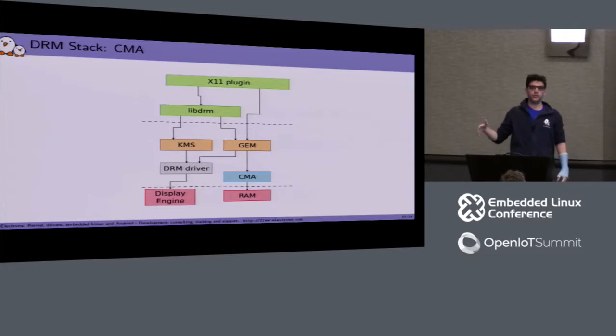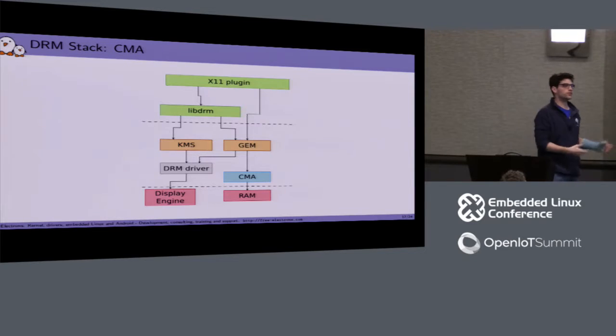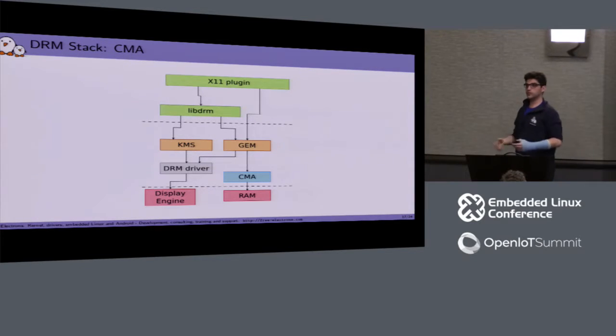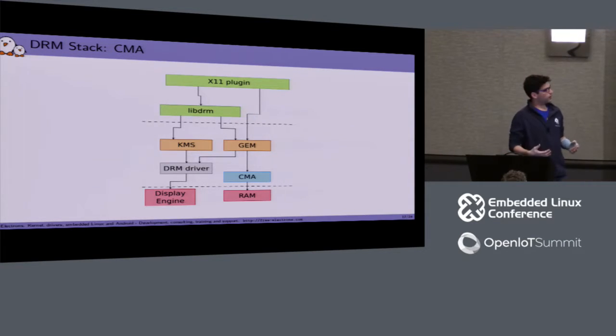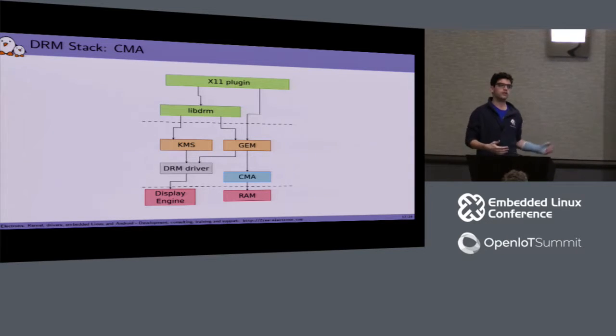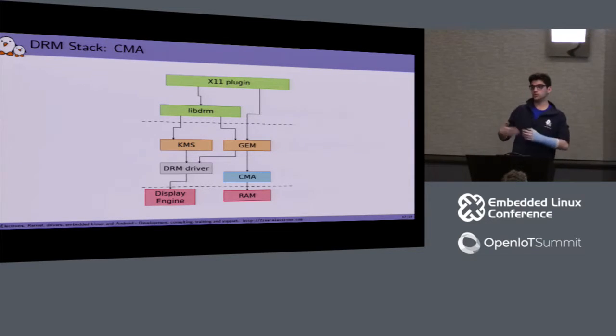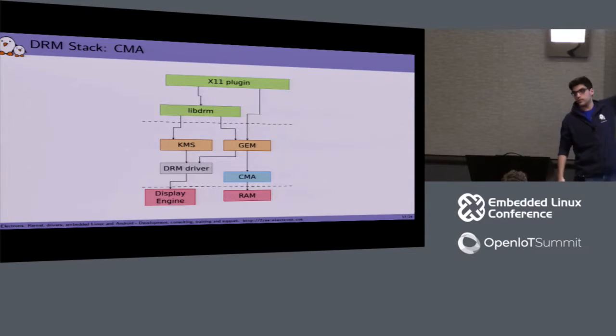Except that dumb buffers, at least in the documentation and what they expect, are not meant to be sent to the GPU. Or at least you have no guarantee at all that the GPU is able to access a dumb buffer. So if you actually want to be able to allocate memory in which the GPU can render, you will need to declare a new IOCTL in your driver to be able to do just that. And that's going to be used directly by your X11 plugin.